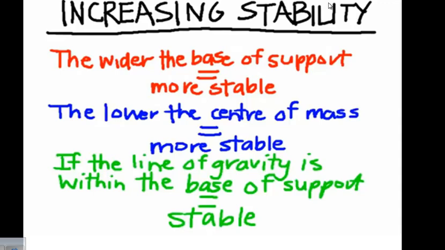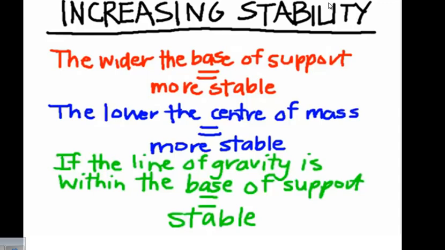Okay, let's look at increasing stability. Basically, the wider the base of support, which we looked at early on, equals more stability. So the further you move your feet apart, the more stability increases. If I lower my centre of mass, for example, if I bend my knees and get closer to the ground, I am seen as more stable.